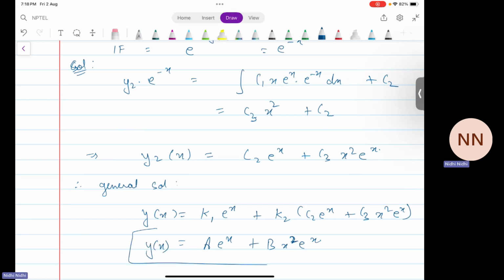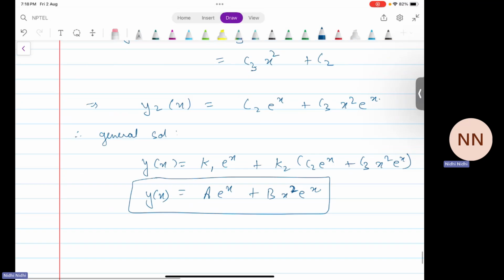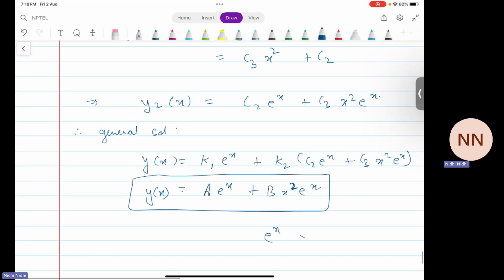This is the general solution. Clearly, e to the power x and x squared e to the power x are linearly independent. So these were the two linearly independent solutions, and their linear combinations will give us the whole set of solutions.